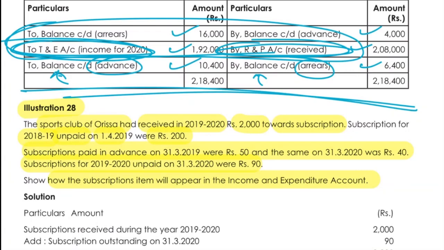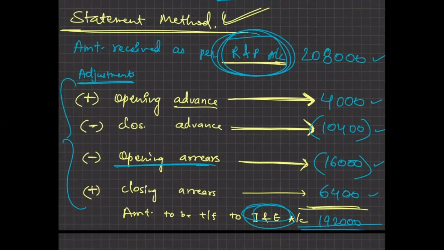Done, everyone? Perfect. So that was an easy one again. You only need to apply your concepts. But for now, I will walk you through this question. So, the Sports Club has received how much? 2000. Let us start by putting out the figures.